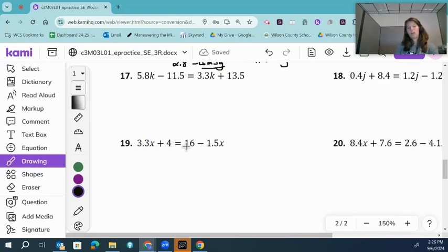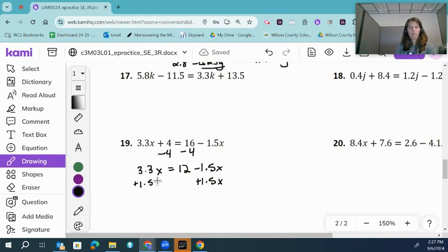3.3x plus 4 equals 16 minus 1.5x. Combine my like terms, subtract 4 on both sides. 3.3x equals 12 minus 1.5x. Add 1.5x to both sides, again trying to get the x's on the same side, so the constant will be by itself.